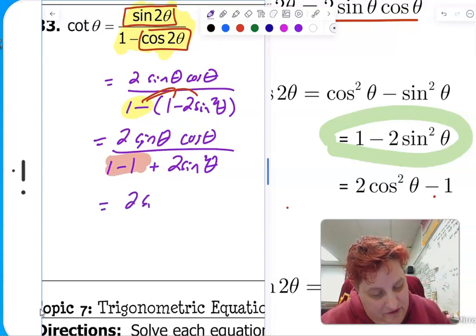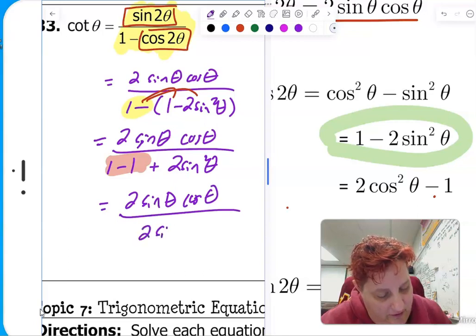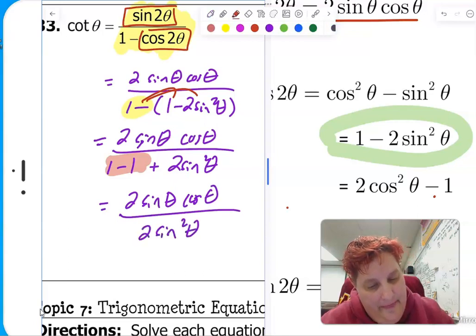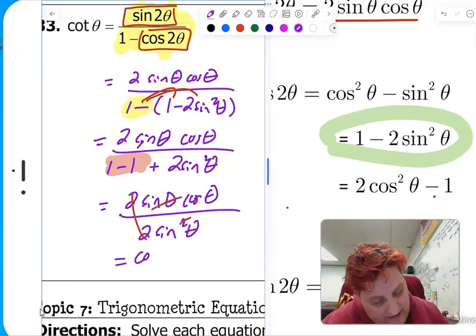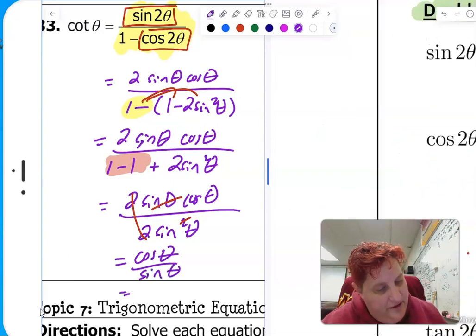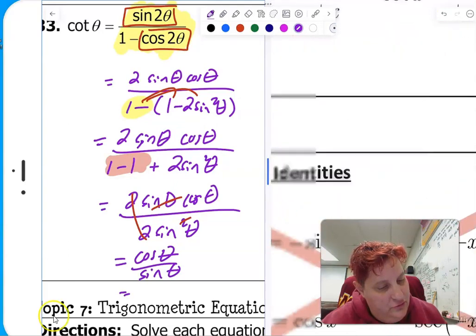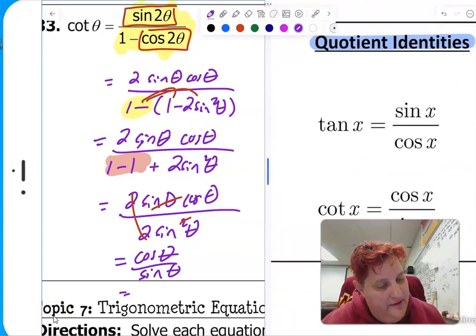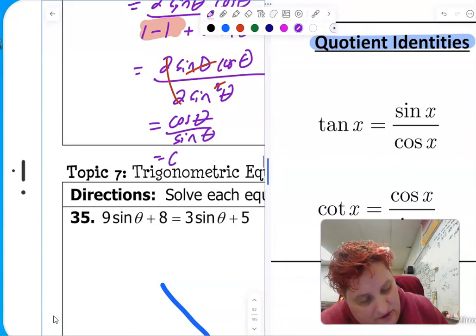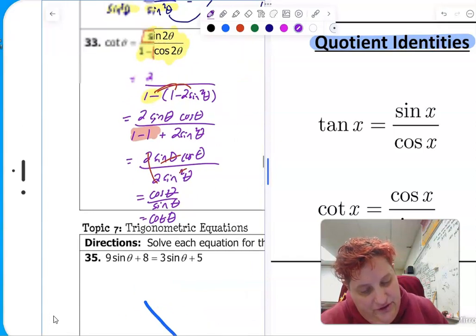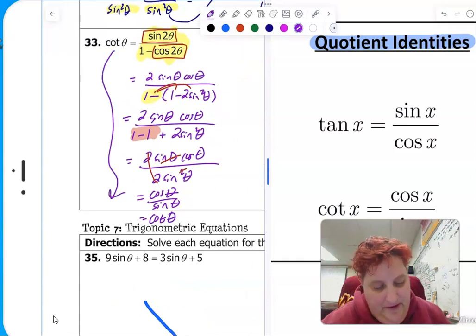So I have 2 sine cosine over 2 sine squared. And guess what? The 2's cross out, one of the sines cross out, and so I get cosine over sine, which we know from here, right there. Cosine over sine is cotangent. Okay, and then that one's done.